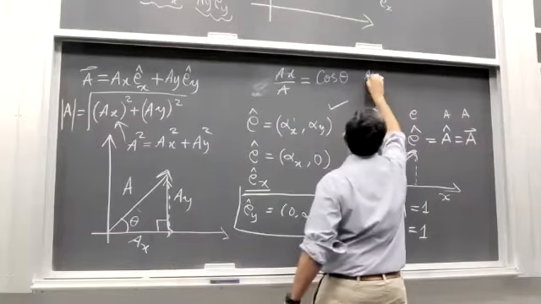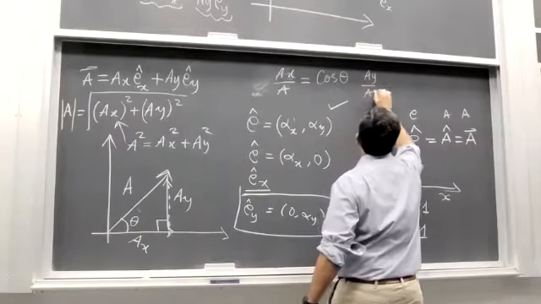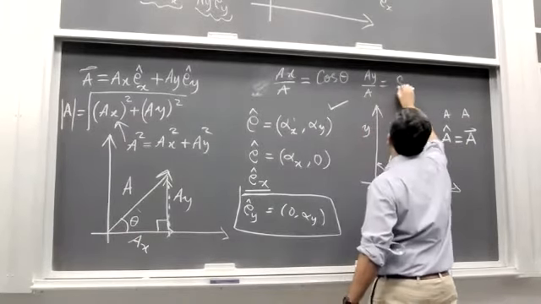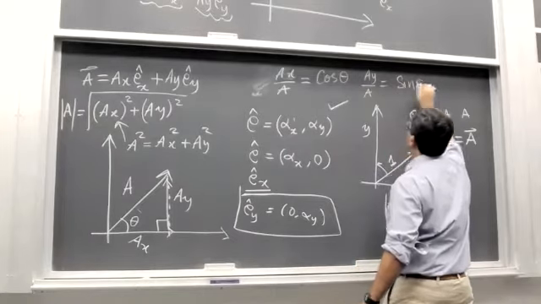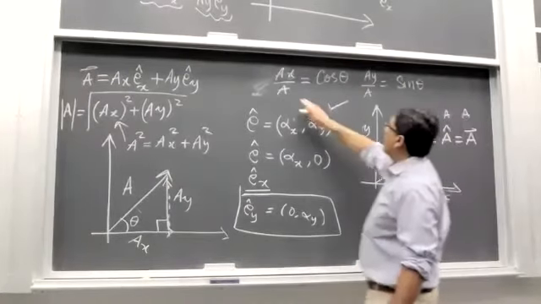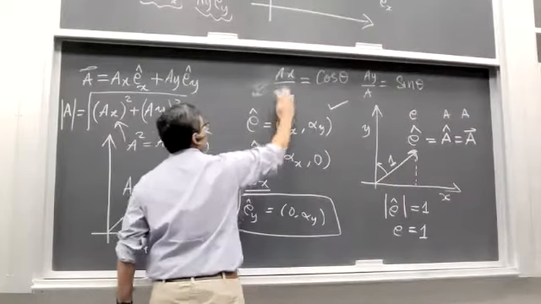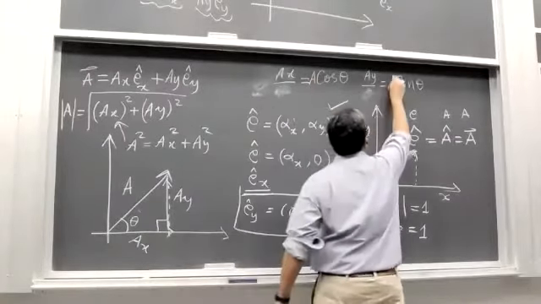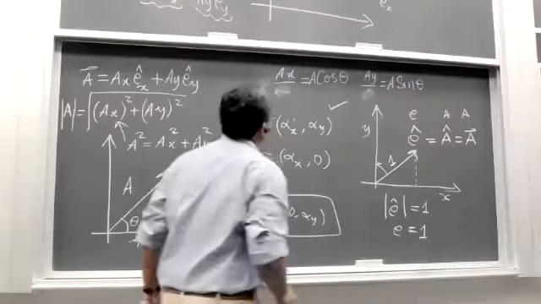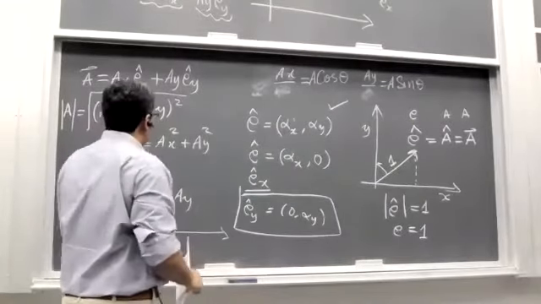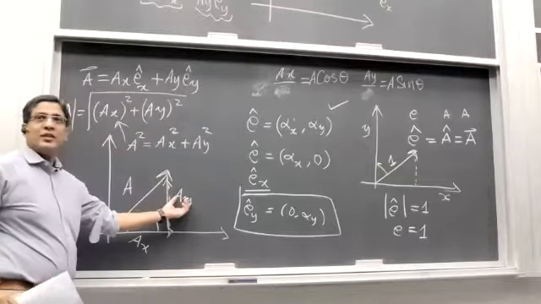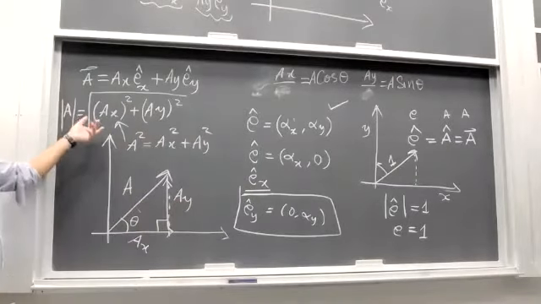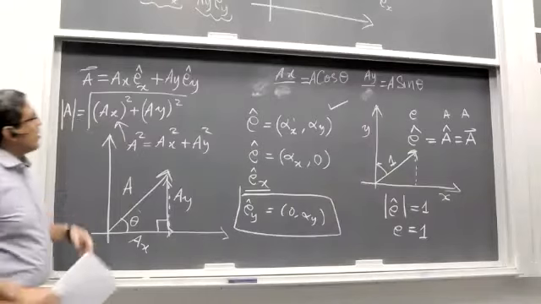And ay over a is sine, right? And do you mind if I take the a on the other side and multiply it? All right. So this gives you the relationship. If you know the components, you can find the magnitude using Pythagoras theorem.